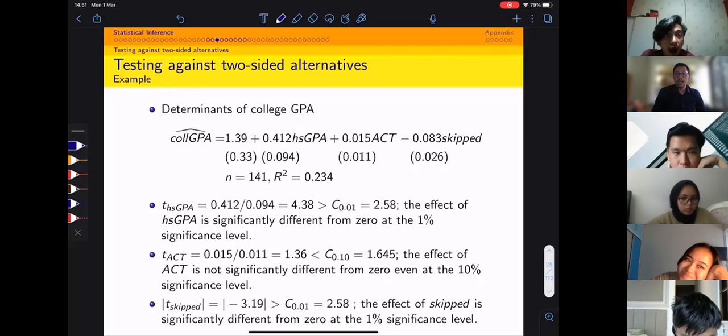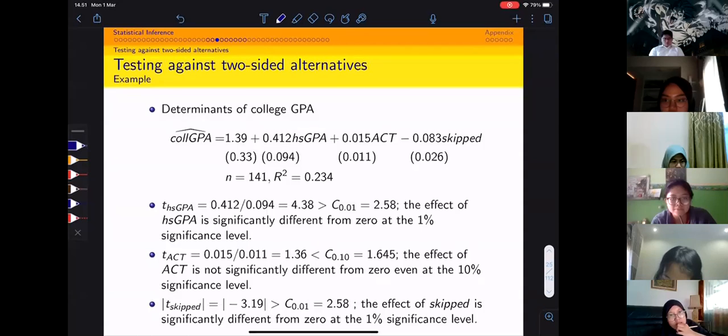We want to test whether there is a relationship between high school GPA and college GPA, a relationship between the standardized test ACT and the college GPA, and whether there is a relationship between skipping classes and college GPA.